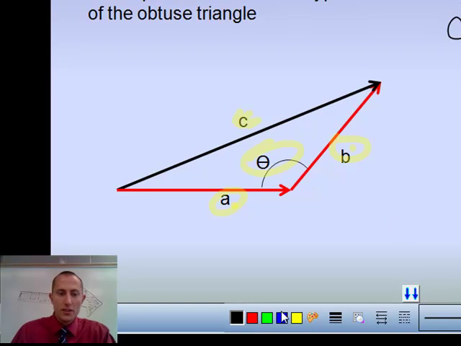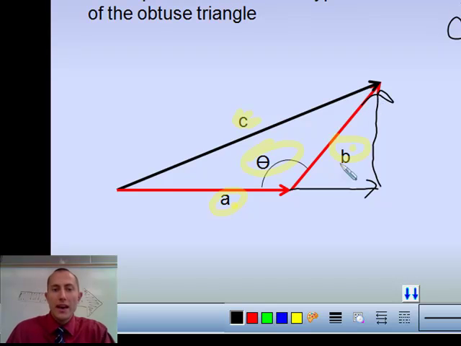The other way we can approach this is what we call breaking it up into components. And so what we'll do is we're going to break this force B up into its x and y components. So if we know this magnitude B, and generally we have some way of finding this angle here, we're either given it or we can get it based on the measurements, we can find the y component here and we can find the x component here using our trig.